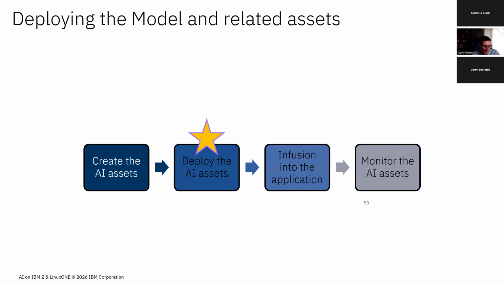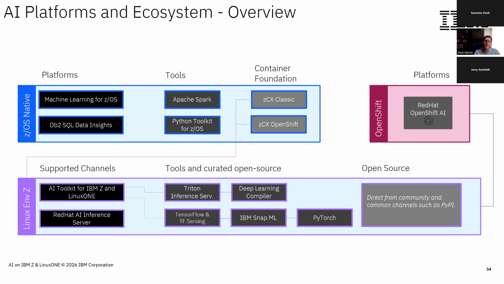That's deploying the asset. In this case, there's a whole bunch of places where you can deploy it, both natively on z/OS, or on a Linux environment. There's lots of things that you can run. Also, all these things in the purple box, LinuxONE can also run in z/OS through something called z/OS Container Extensions. That allows you to run Linux binaries in an address space, right?